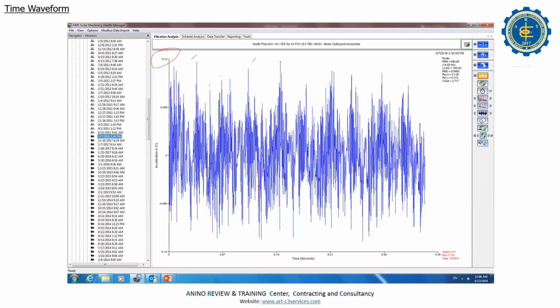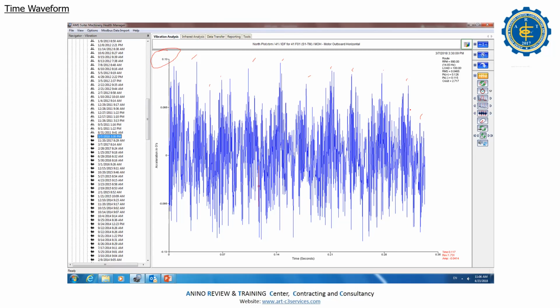So you can make a report that there is, not bad, but the bearing is in process. First, inner race, or outer race in the bearing, right?